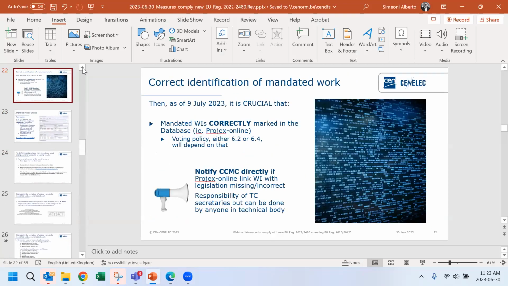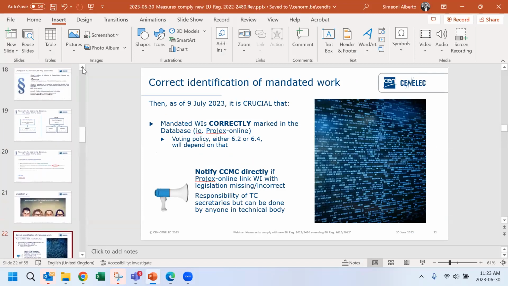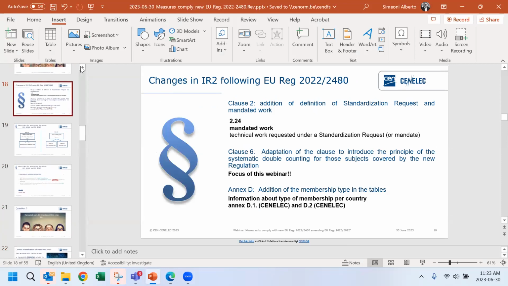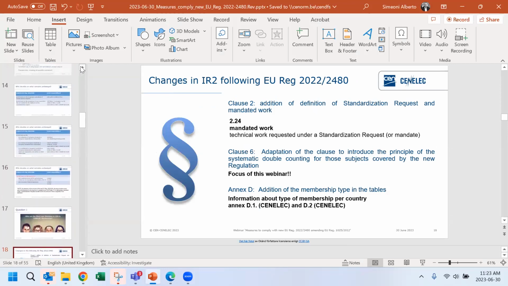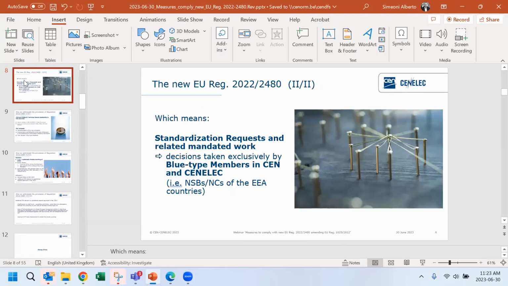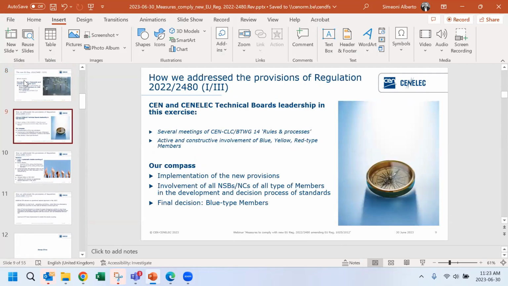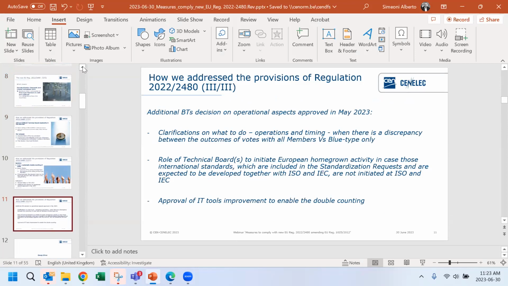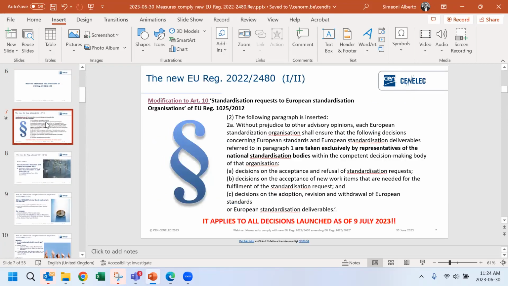We have specified this in the BT decision that was mentioned by our CEN Vice President Technical at the beginning of the seminar: only for votes and decisions launched as of 9 July 2023, all that we explained today will apply.